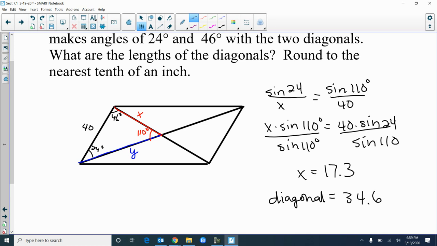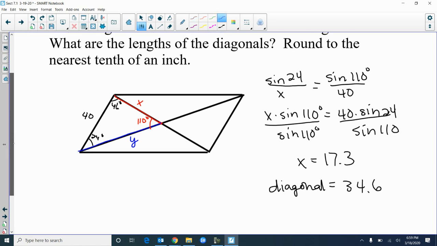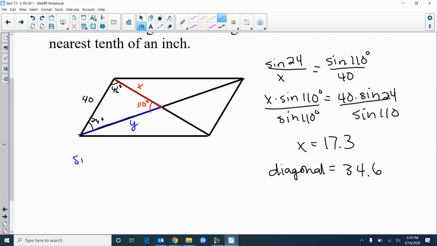All right, now we've got to find Y. So Y is going to be sine of 46 over Y equals the sine of 40 over 110. Go ahead, figure it out.